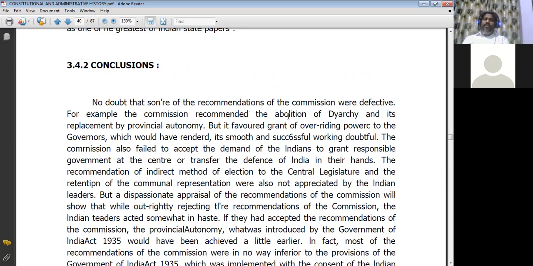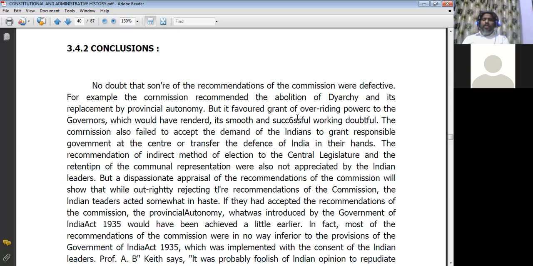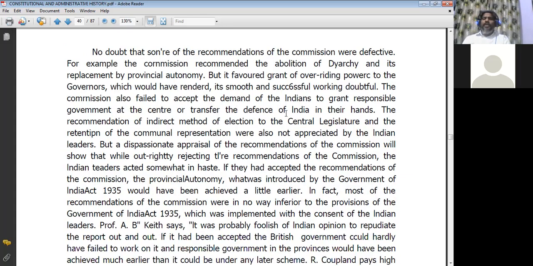It recommended an indirect method of election to the central legislature. Most of the recommendations of the commission were in no way inferior to the provisions of the Government of India Act 1935, which was implemented with the consent of the Indian leaders.